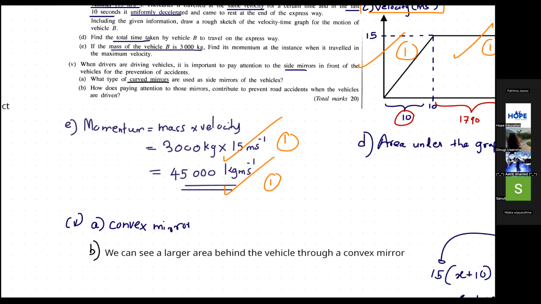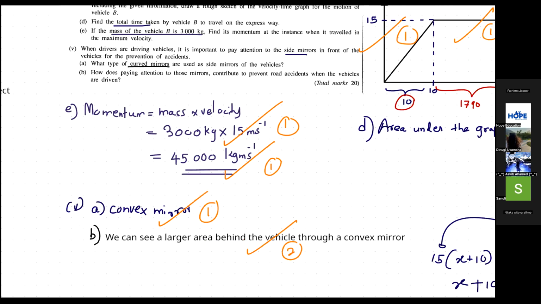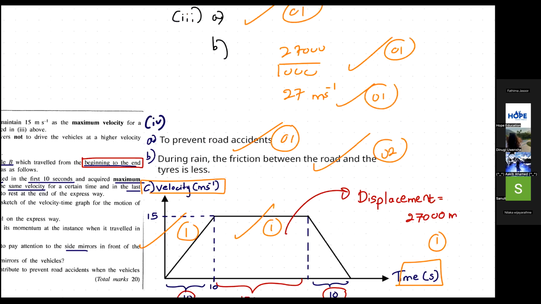I'm sorry. So convex mirror කියලා answer එක දැම්මම you get 1 mark, and finally for the reason you get 2 marks. So tell me: 2, 3, 4, 5, 6, 7, 8, 9, 10, 11, 12, 13, 14, 15, 16, 17, 18, 19, 20.